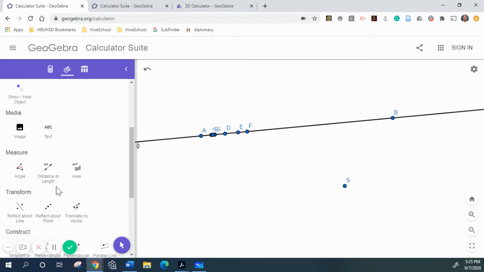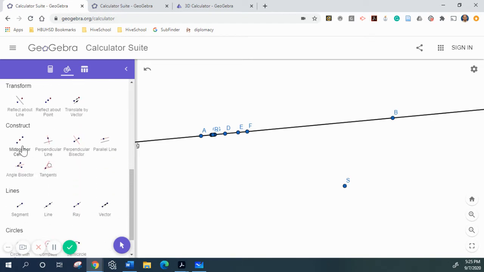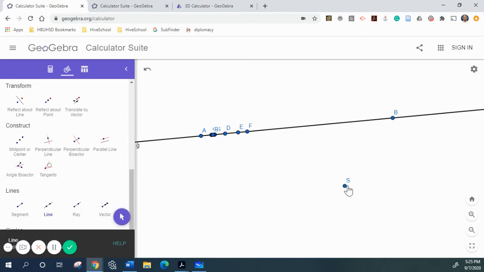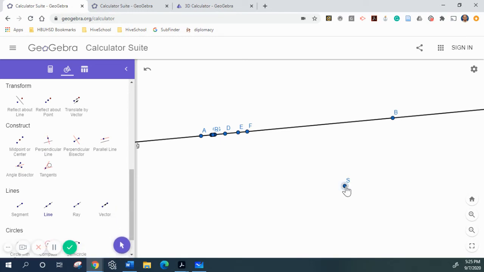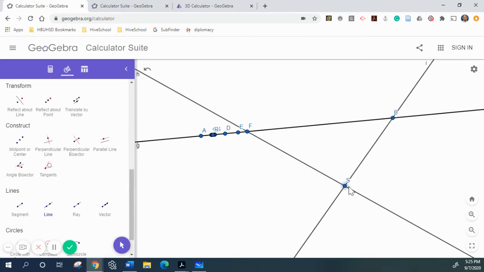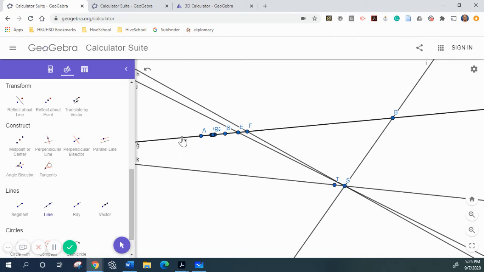So I can draw a line through S to any other point that is on here because there's exactly 1 line from S to F. There's exactly 1 line from S to B, from S to E, from S to A, and so forth. So I can draw an infinite number of lines through point S touching this line, but the line that contains SE, for example, there's only 1.